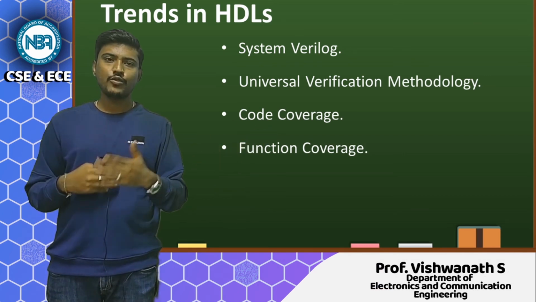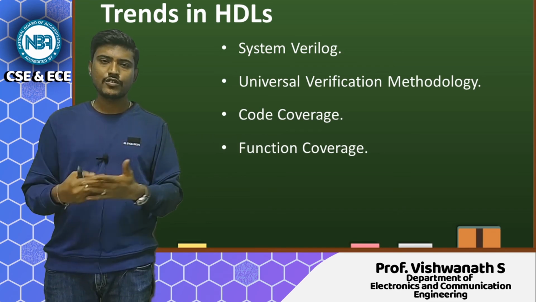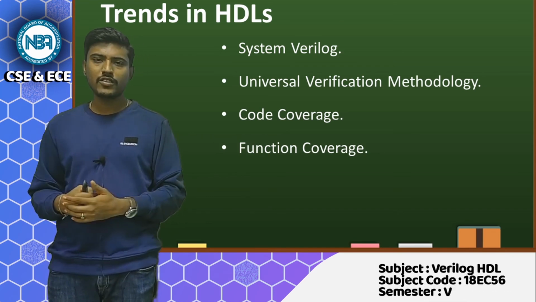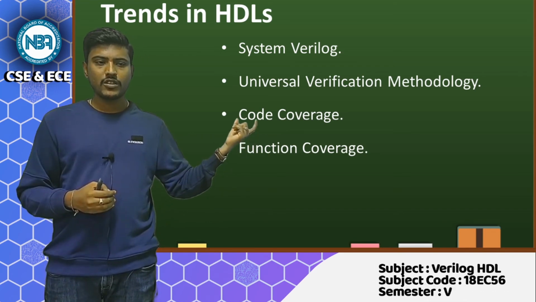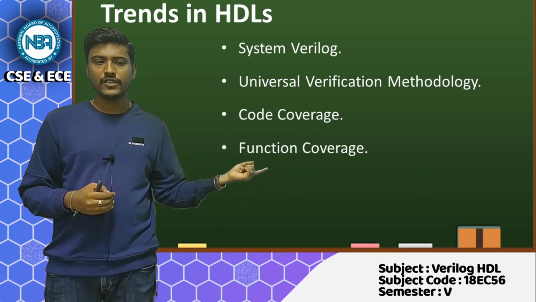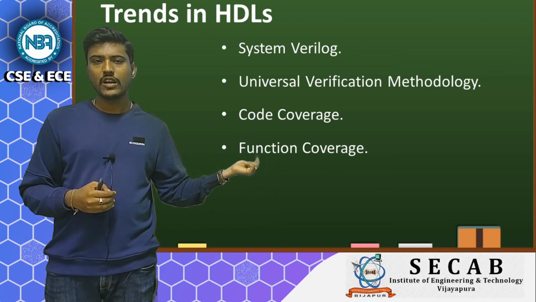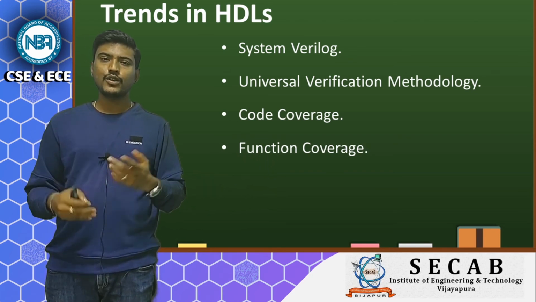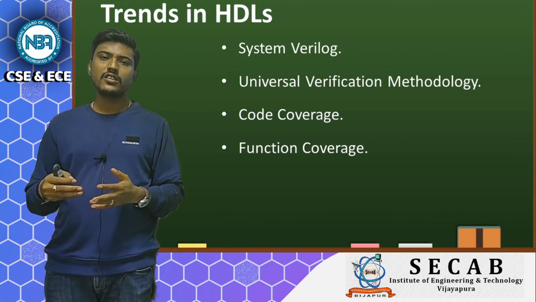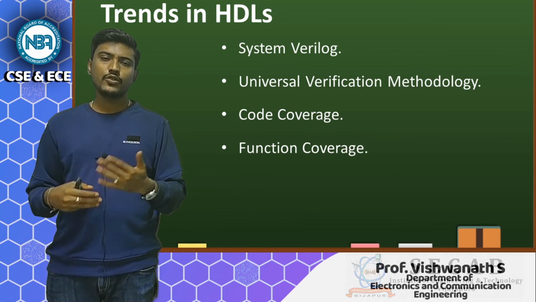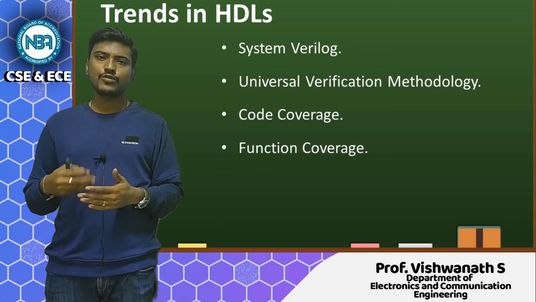Even more than 80% code coverage we can easily obtain, because we will get to know that this has not been hit, and then I should drive this particular input. So it is somewhat easier to obtain more than 90%, whereas functional coverage is somewhat lengthy, because as the number of inputs increases, the number of inputs driven to test the functionality also increases.